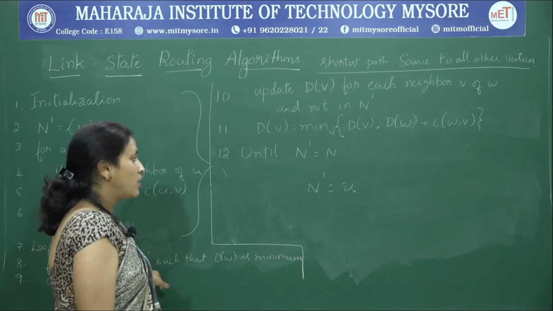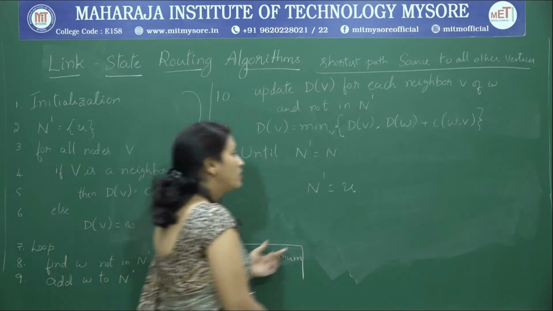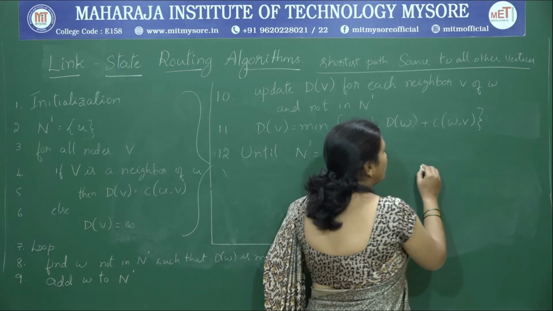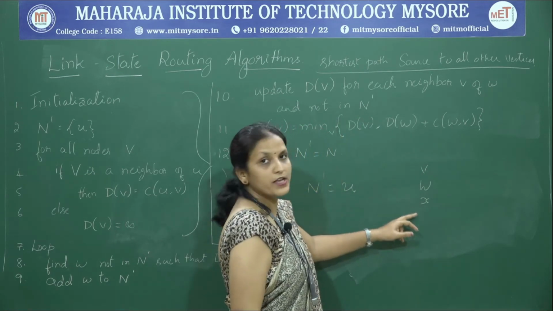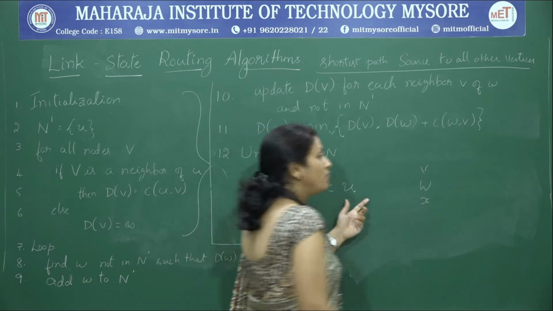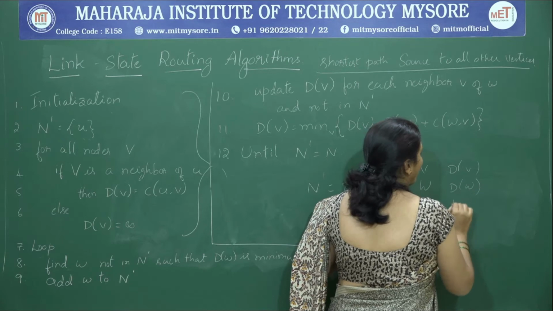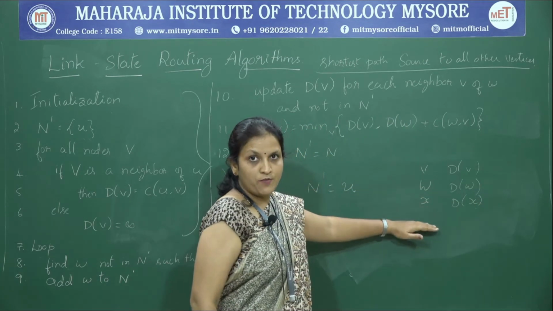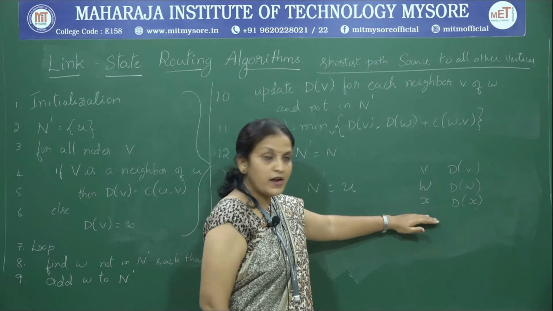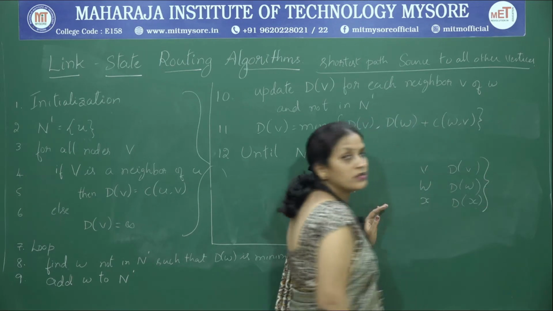Find W which is not in N dash, and which is a neighbor of U. If I consider the previous example, V, W and X are neighbors of U, and we have values for them. Consider the one whose value is minimum among these three.